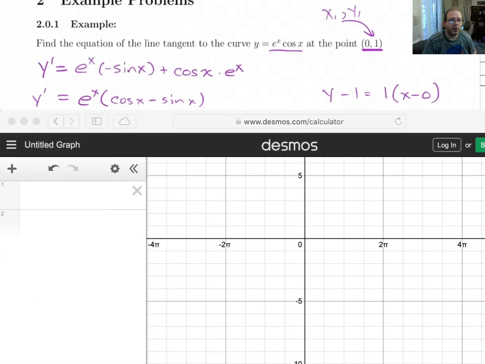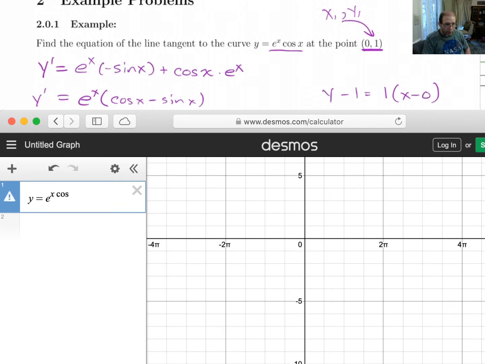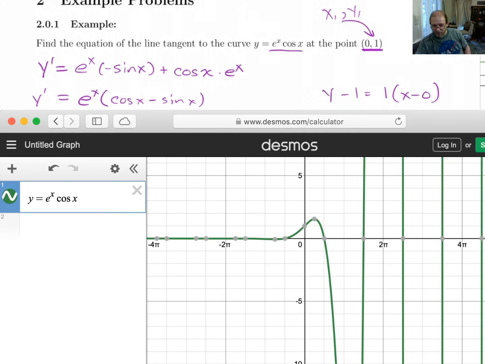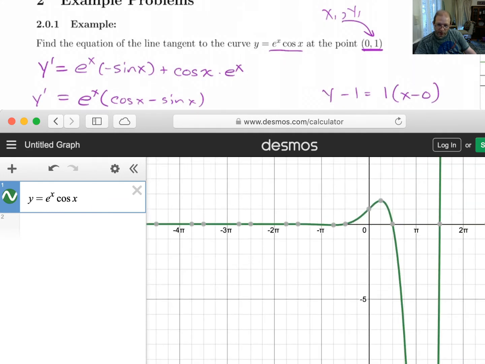Our function was y equals e to the x cosine x. So this thing makes good sense. It's sort of the cosine graph, but over here the oscillations get bigger and bigger, and over here on the other side they get smaller and smaller because of e to the x growing small.